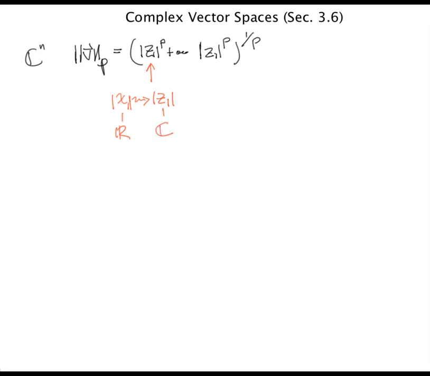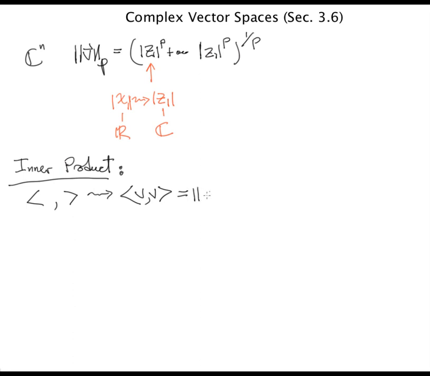Okay. Now, what about inner products? Well, we're sort of working backwards here a little bit. We'd like it so that if you have an inner product, whatever an inner product is, I haven't decided yet, that when you take the inner product of v with v, what you get is the norm of v squared.